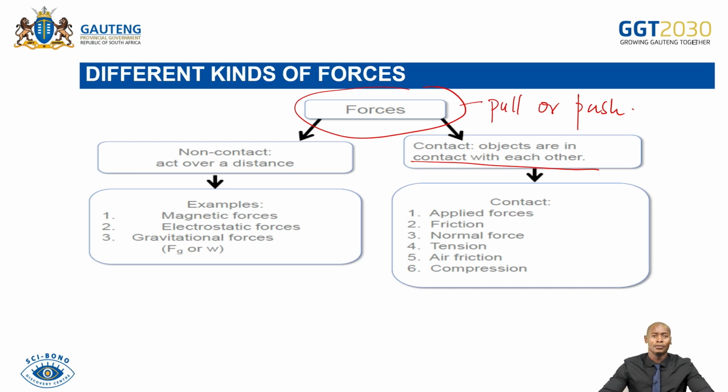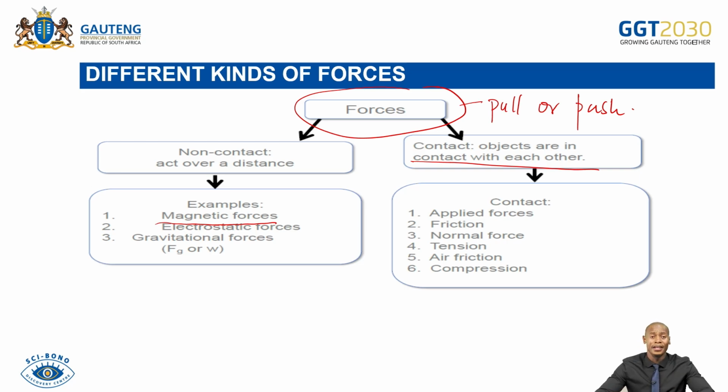Right, then the examples here, we are given the examples of non-contact forces. Then under non-contact forces, we have magnetic forces, right? So that is one of the examples of a non-contact force. So magnets, they exert forces on each other without physically touching each other, all right? So that is why we are saying a magnetic force is a non-contact force.